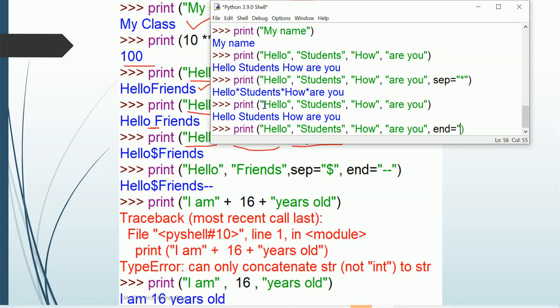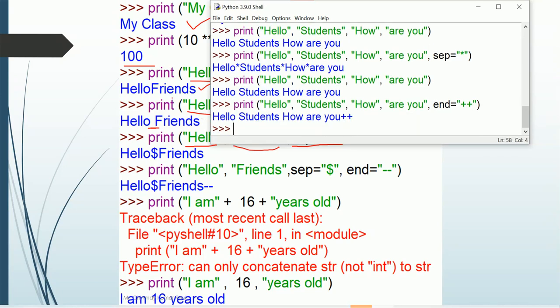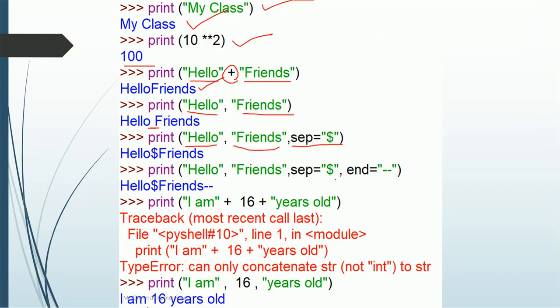Suppose I am using the end character with plus plus. Now plus plus is there instead of the next line. And suppose I have used separator dollar and end minus minus. Now it is showing in the result.